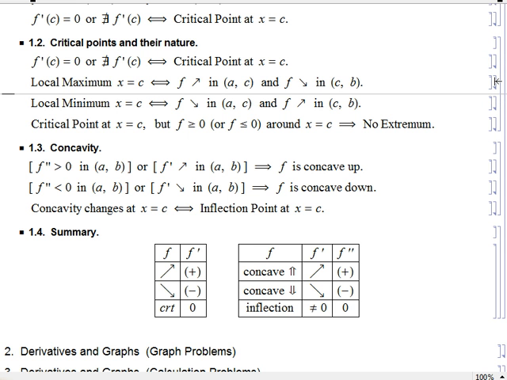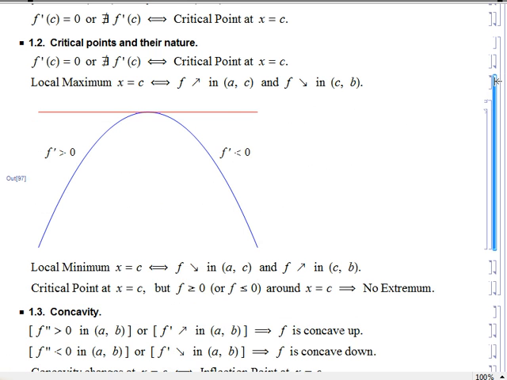And how are local minimum and local maximum affected by the derivative? Local maximum of course occurs when f goes up, hits maximum, and f goes down, kind of like this. And that's related to the sign of the derivative. The derivative must be positive to go up and hit a horizontal tangent, and the derivative must be negative from that point on.